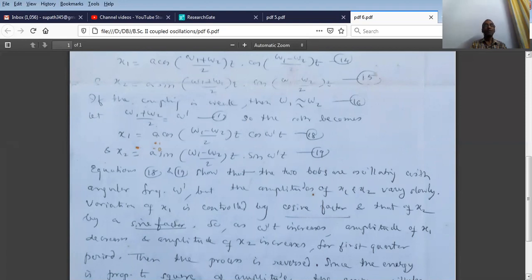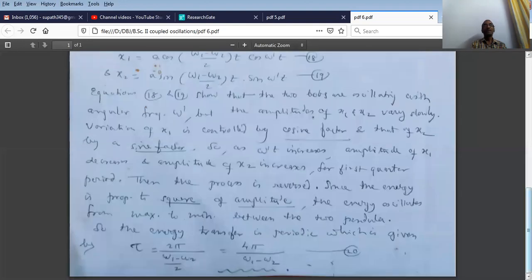So as omega dash t increases, the amplitude of x1 decreases and the amplitude of x2 increases for the first quarter period. Then the process is reversed.